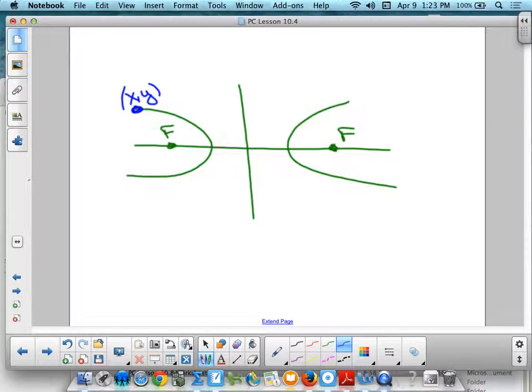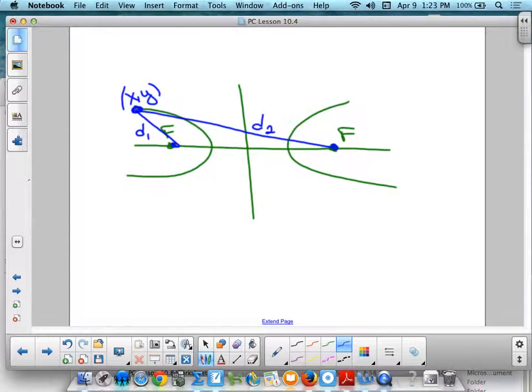Ivy? Distance from the xy to the foci is when you add it up is the same as the center to the vertex or between the vertices. Okay, you said this distance from here to here, from point to the foci, call that D2.